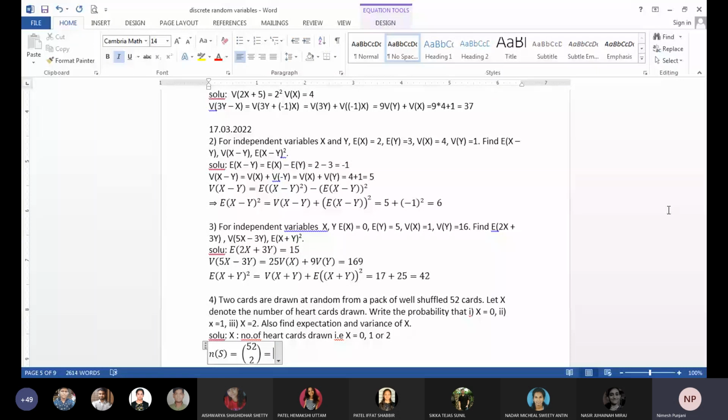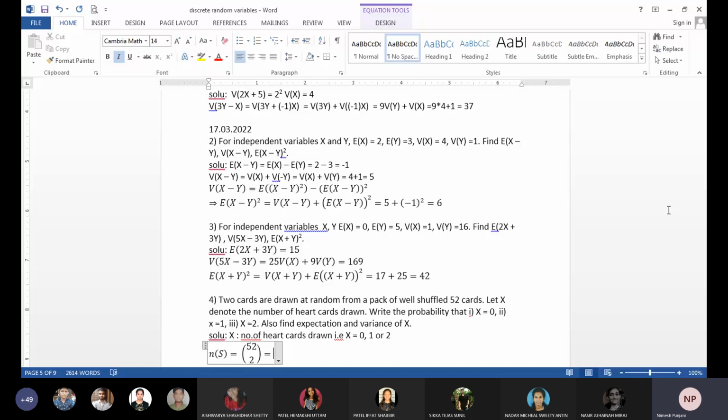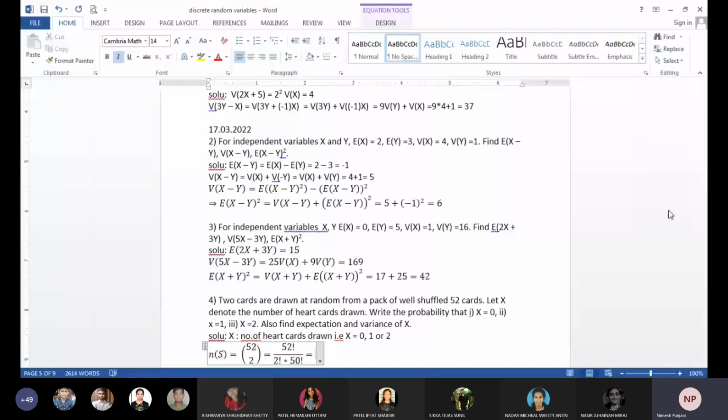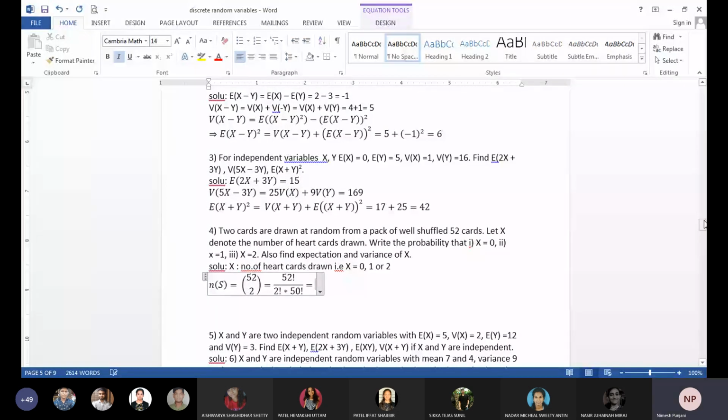I hope you know the formula, which we did in Sem 1. 52C2 is 52 factorial divided by 2 factorial into 50 factorial. This is your n of S.